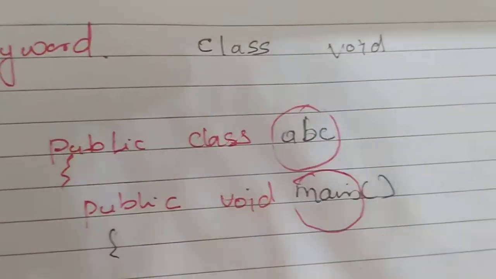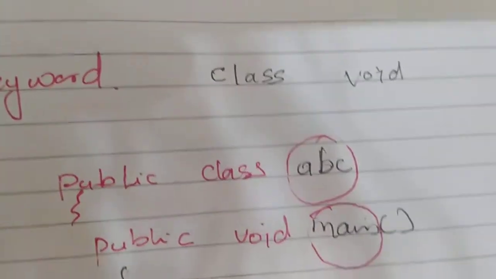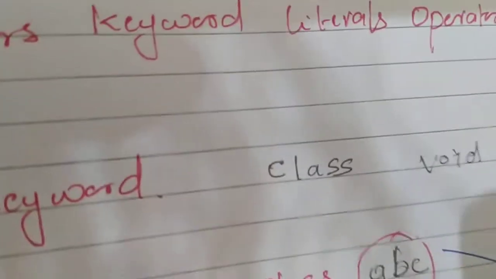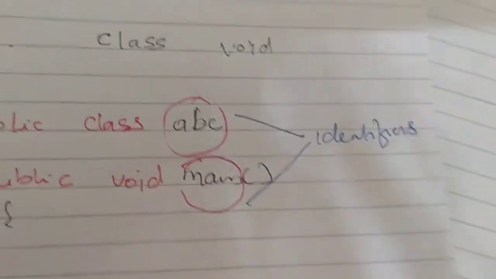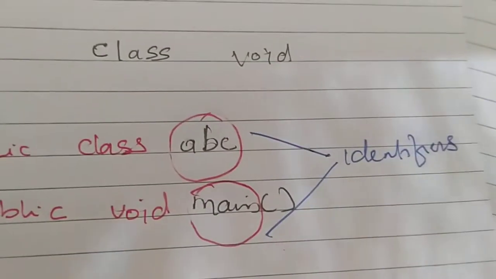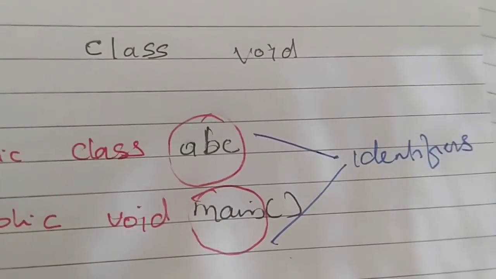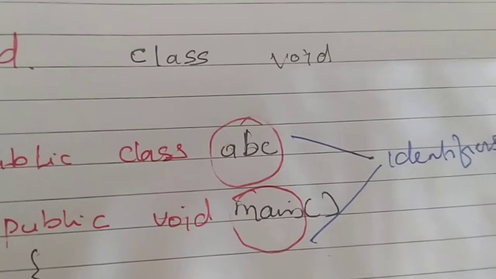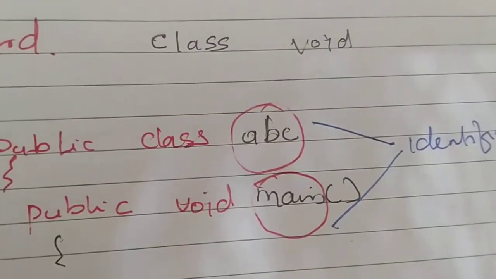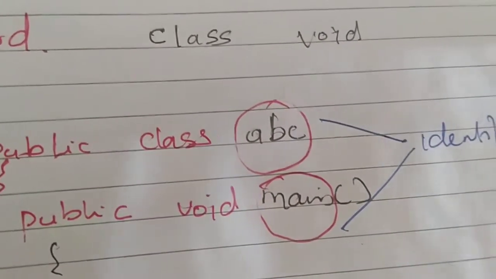These are known as identifiers. These are the names which are used to identify different building blocks of a program. ABC is the name of a class. Main is the name of a method. This way you identify things.